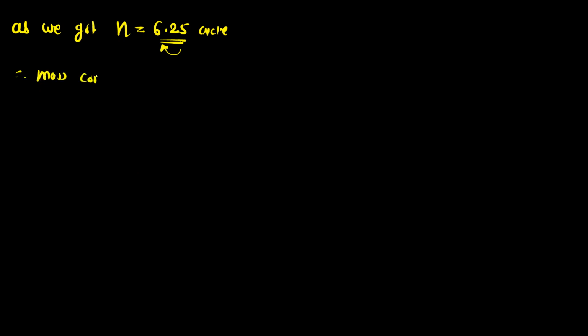As we have got the value n is equal to 6.25 cycles, consider the complete cycles before this value. That means it will complete 6 complete cycles. So the mass completes 6 cycles.